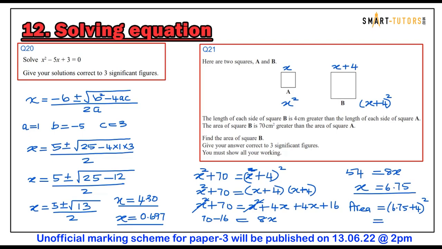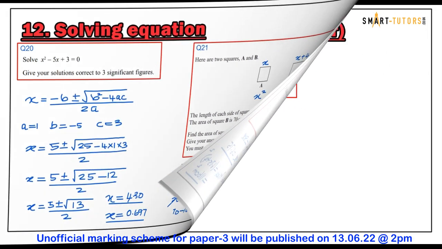So 6.75 plus 4 is 10.75 squared, right? So the answer is 116 to 3 significant figures, 116 centimeters squared. That is the answer for the question number 21.